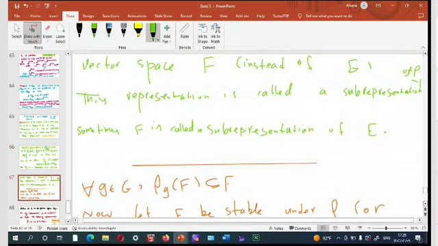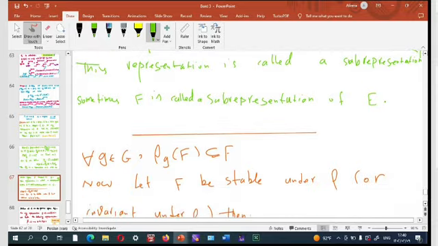The original representation is on E, GL of E, but this restriction is a representation with vector space F. This representation is called a sub-representation, and sometimes F is called a sub-representation of E. And this is the definition of sub-representation.